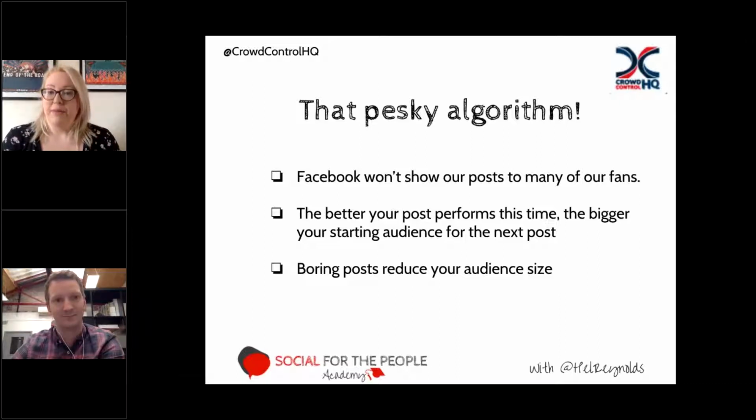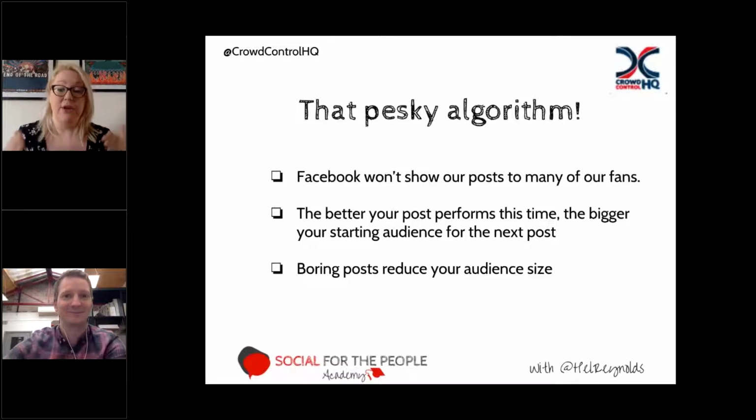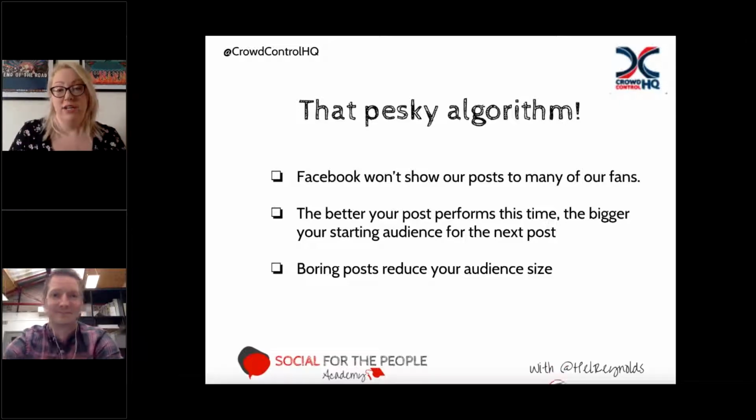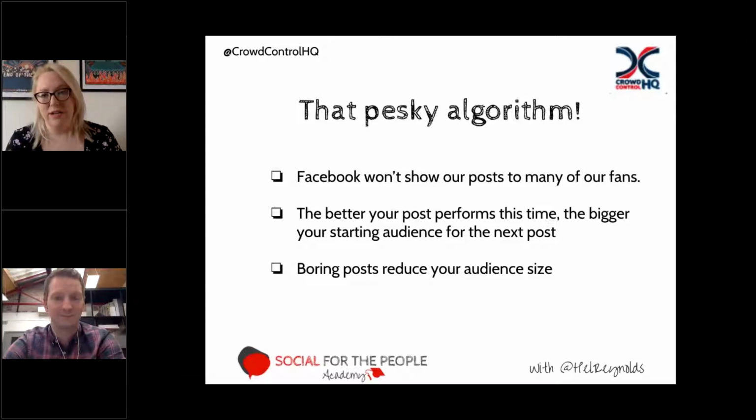Those of you who run Facebook pages for your organizations might have in the back of your mind Facebook's pesky algorithm. Some people know more about the algorithm than others. A quick description of what happens on Facebook is you have a Facebook page, which is owned by an organization, and you might have 1,000 people liking your page, but those 1,000 likers will not see your content every time you post.